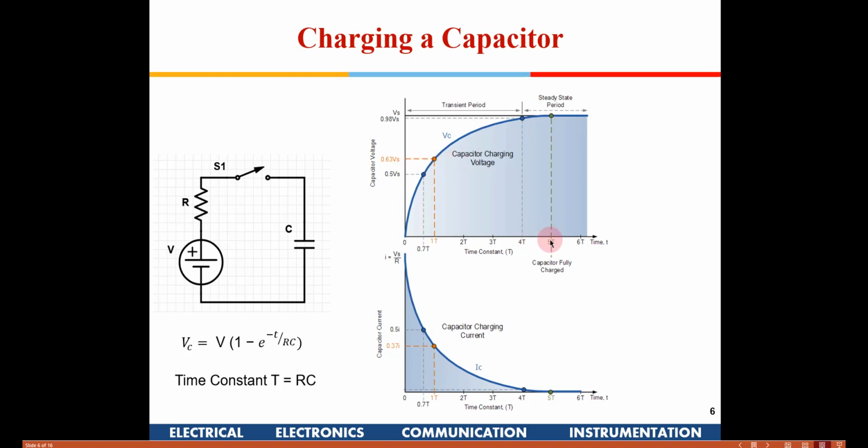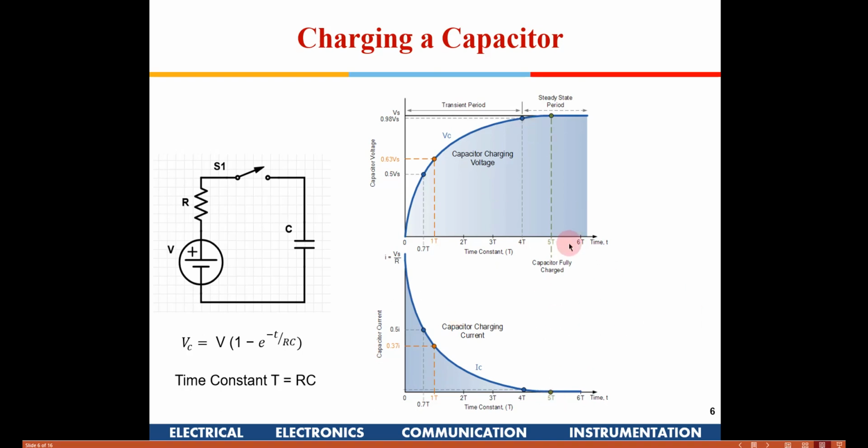At 4 t it will reach close to 0.95, and then at 5 t we consider it to be almost fully charged. Similarly, the current is the other way around. At 1 t, the current will drop from I0 equal to V by R to 0.37 times the I0 value, and at 5 t we assume the current is almost 0.